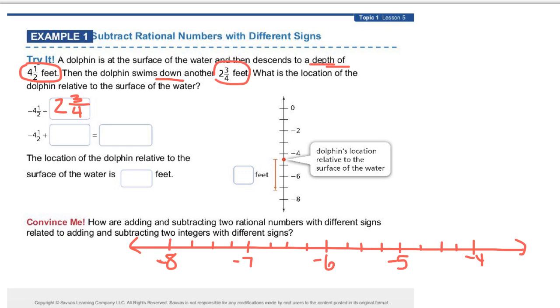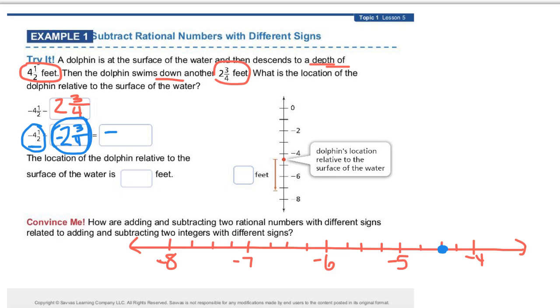All right, if you do keep, change, change, we're going to keep negative 4.5. We're going to change subtract to add, and we're going to change positive 2 3/4 to negative 2 3/4. So we are adding negative 4.5 and negative 2 3/4. So I know my answer is going to be negative. I decided to do a number line first. So negative 4.5 is right here between negative 4 and negative 5.